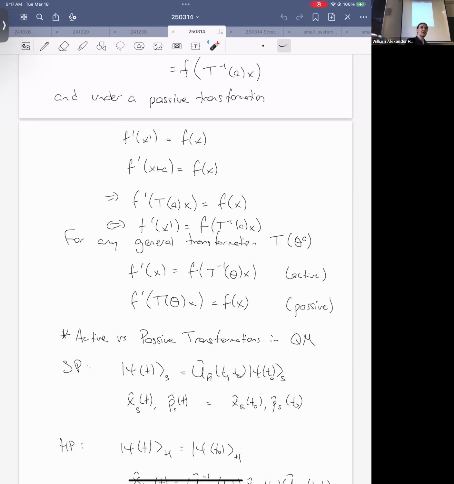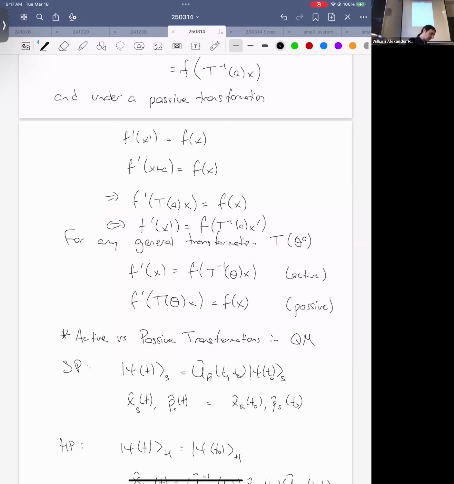Got nods. Any questions anywhere? Yes. On the line before, where you write for any general transformation f prime of x prime equals f of the inverse transformation, isn't that just supposed to be the first x without a prime?